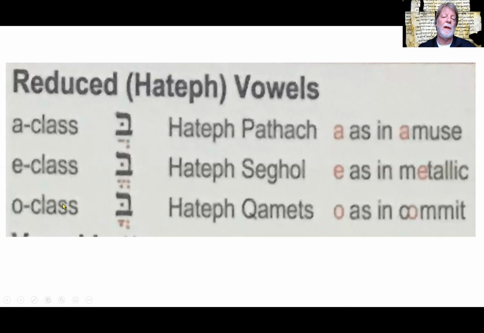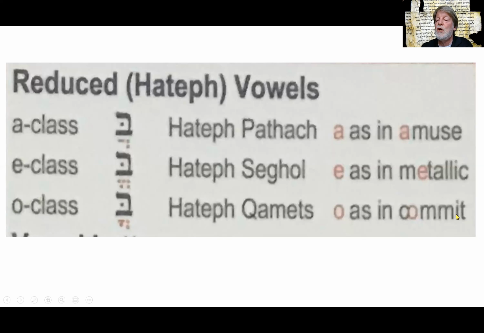There is an O class vowel called the Hateph kametz. Here is our kametz. It's the T-shaped vowel point. Here's the shva beside it, which emphasizes that we're just going to rush past the vowel sound. And Hateph kametz is pronounced as an O as in commit.